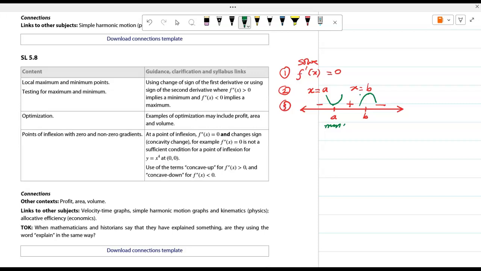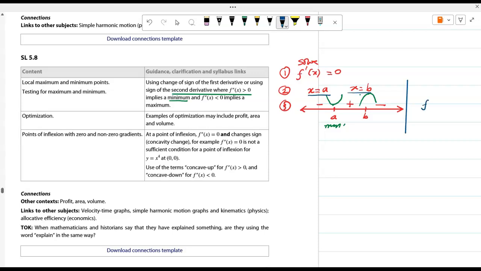But is there another way to find the maximum? Yes, the sign of the second order derivative. If your second order derivative is positive, then it's a minimum. So you find f double dash of x and then substitute a and b. If it's greater than 0, then it's a minimum. So you got the values of a and b.